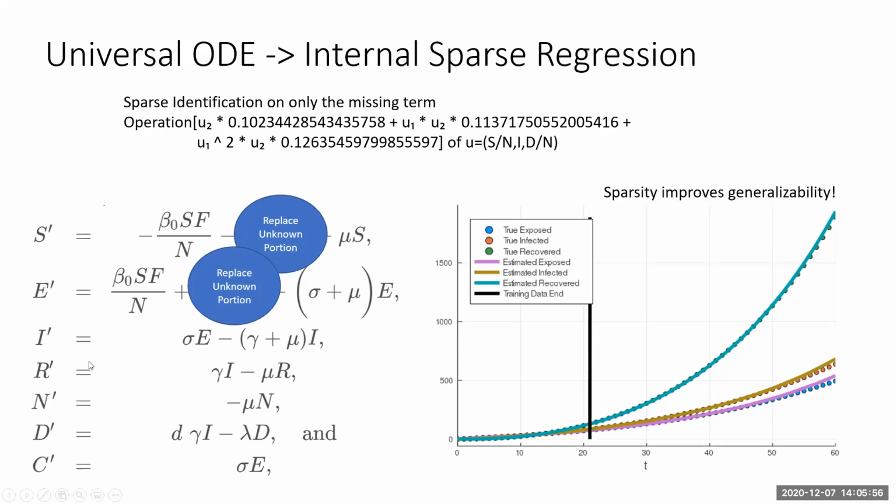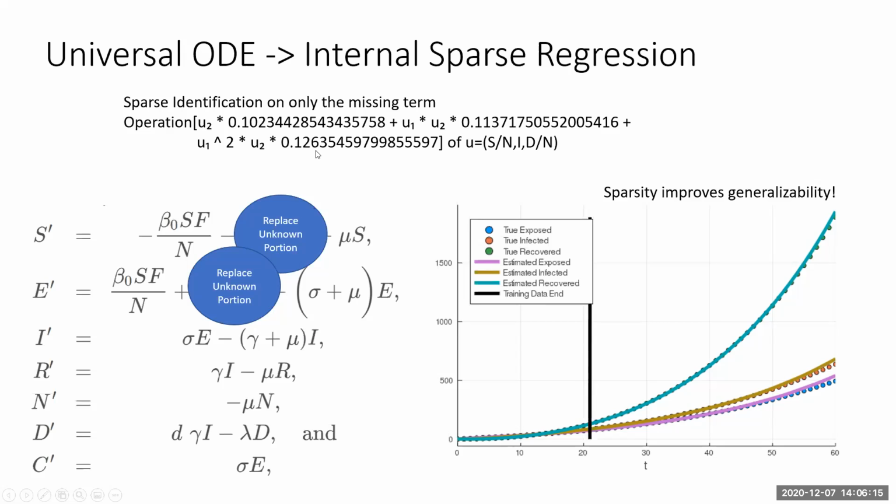For example, I is the infected individuals and D is the infected individuals who were hospitalized. We allowed this neural network to be a function of S, I, and D, but when we sparsify, it says that it's only a function of S and I, right?